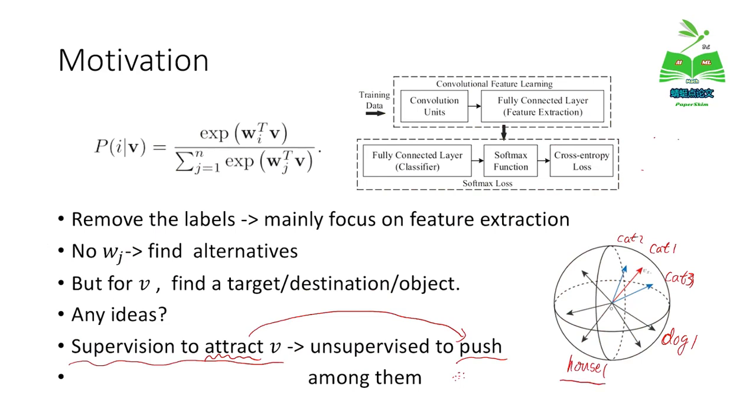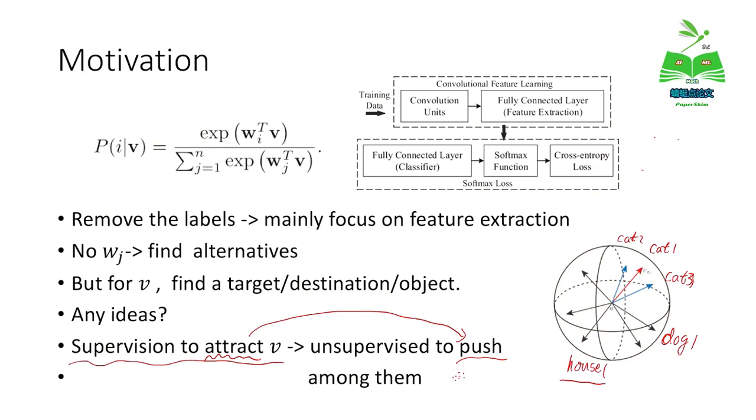Although we also give the push force on cat 2, cat 3 and dog 1, the distance, the similarity will certainly be different based on their own features, based on their images, and a convolutional neural network can learn those features and push the dissimilar images far away.